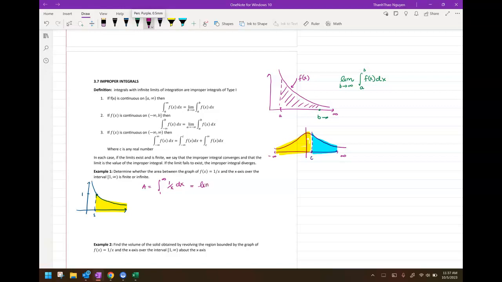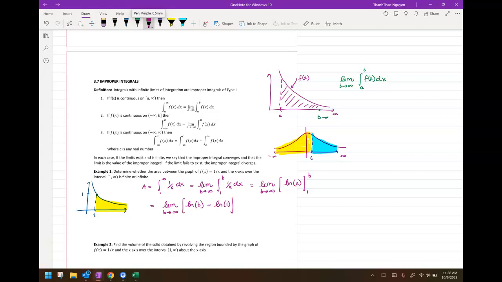This is the limit as b approaches infinity of the integral from 1 to b of 1 over x dx. So this is the limit as b approaches infinity of ln of x evaluated from 1 to b. So the limit as b goes to infinity of ln of b minus ln of 1.